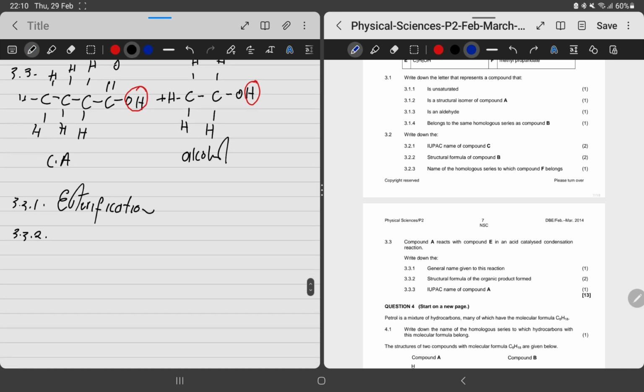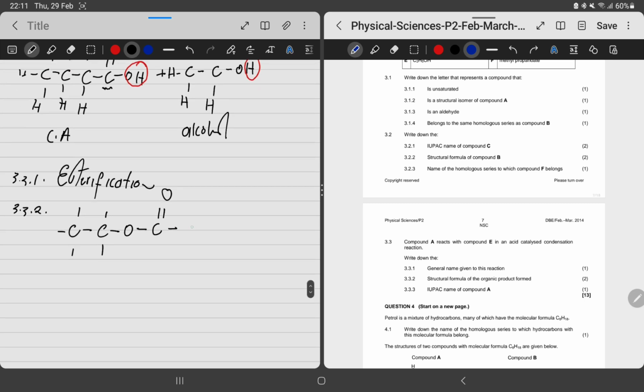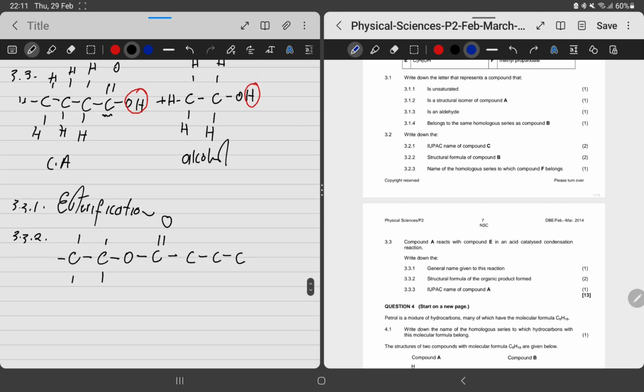The alcohol has what? It has 2 carbons, so it is 1, 2, okay, with an oxygen, and then we are just going to join the carboxylic acid from that carbon, and then we have 1, 2, 3. We have 3 carbons to the left, 2, 3. Okay.